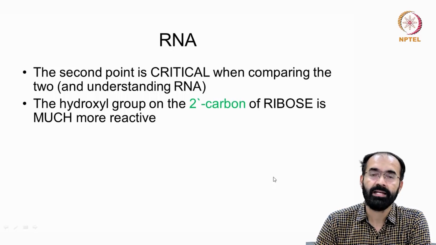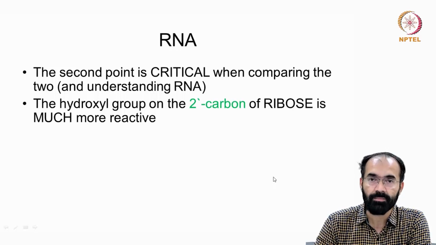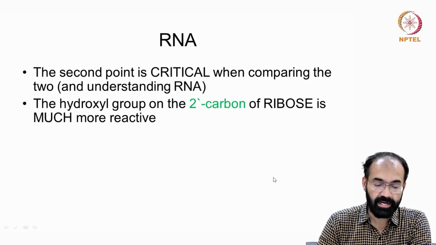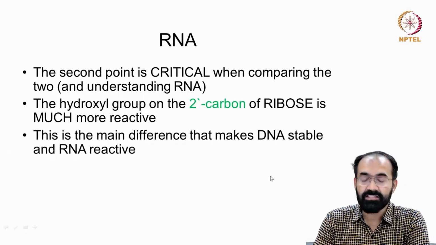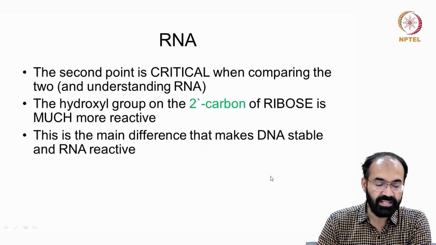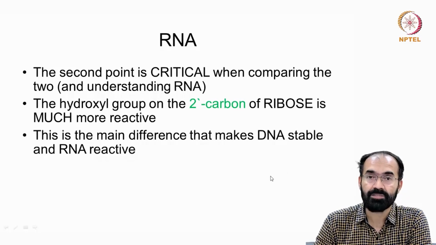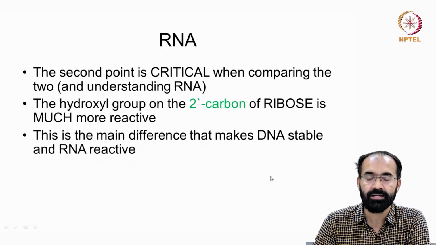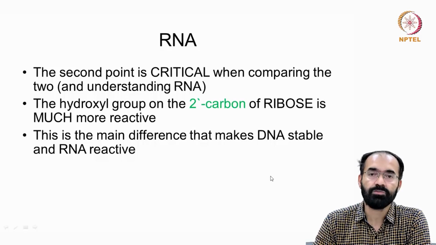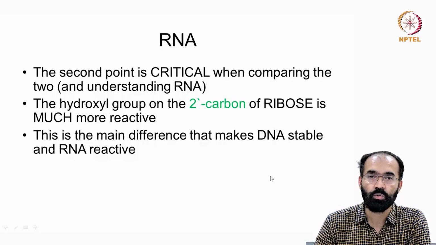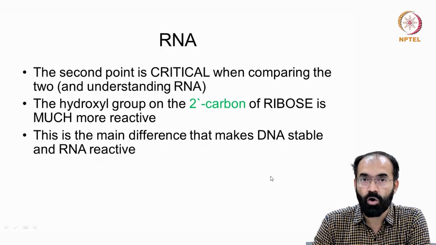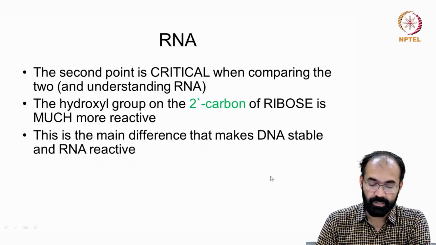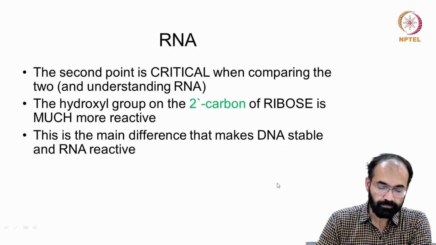Whereas in RNA, the hydroxyl group of the 2' carbon is highly reactive. This is the main difference that makes DNA stable. The absence of this oxygen makes DNA more stable, because if it is less reactive, the molecule is more stable. DNA is more stable thanks to the deoxy 2' carbon in the ribose sugar.